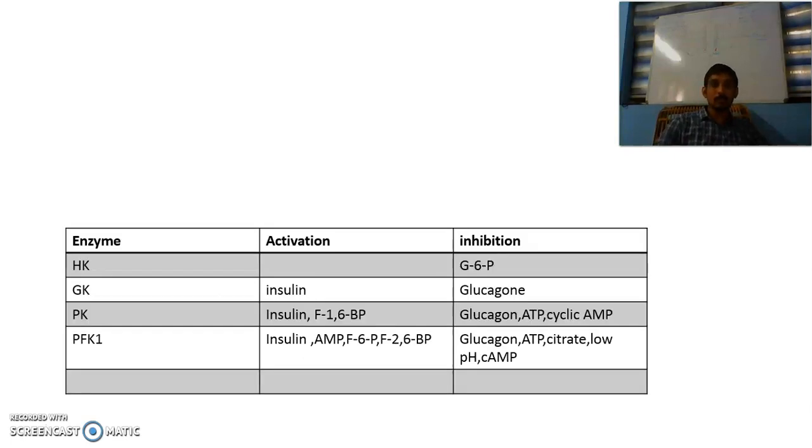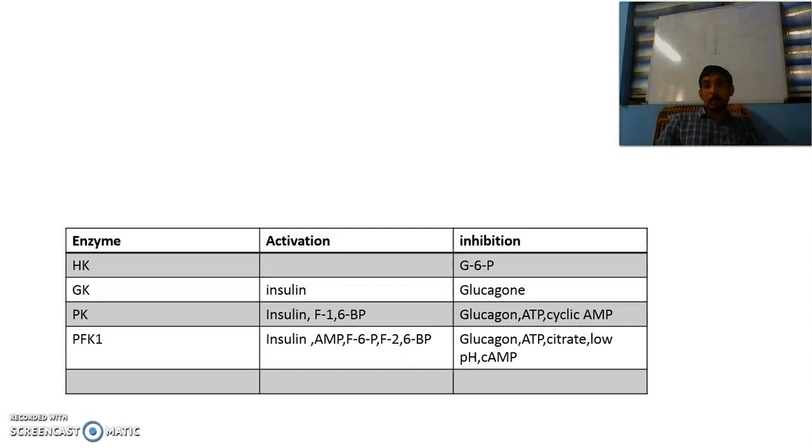Okay, so let us try to understand the broad regulation mechanism in a tabular column. Here, first of all, you can see the enzyme hexokinase. Hexokinase gets inhibited by its product, that is product inhibition, glucose 6-phosphate. The second one is glucokinase, present in liver and pancreas, that gets activated by the hormone insulin, whereas it gets inhibited by glucagon.